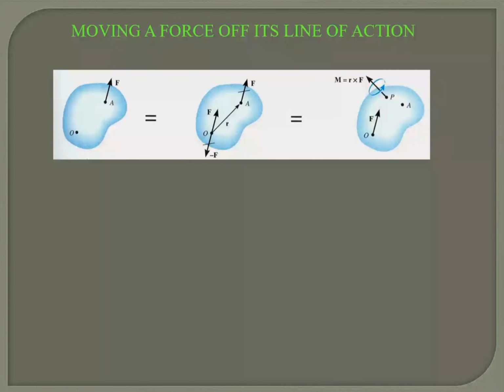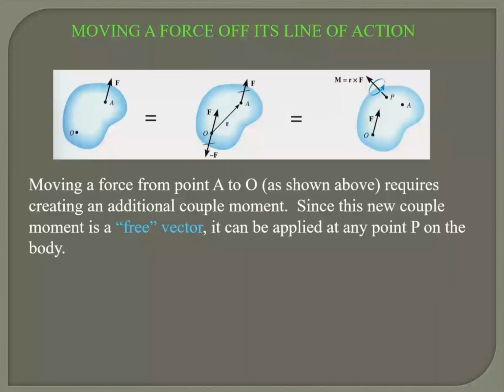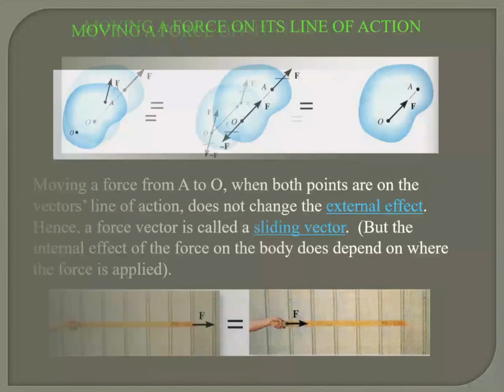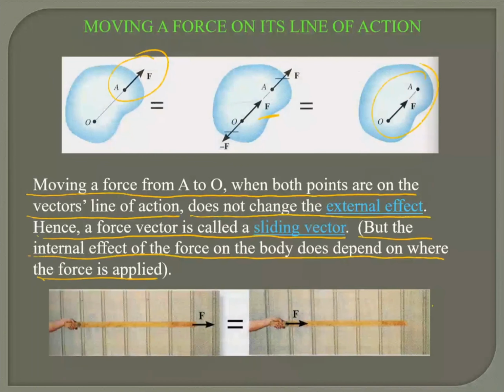Now let's look at moment. Moving a force from point A to O requires creating an additional couple moment. Don't get confused, look at the previous example. I am moving the force along the line, I can apply it anywhere I want, and the external effect on the body is the same. I am moving the force on the force line, so there's no effect.